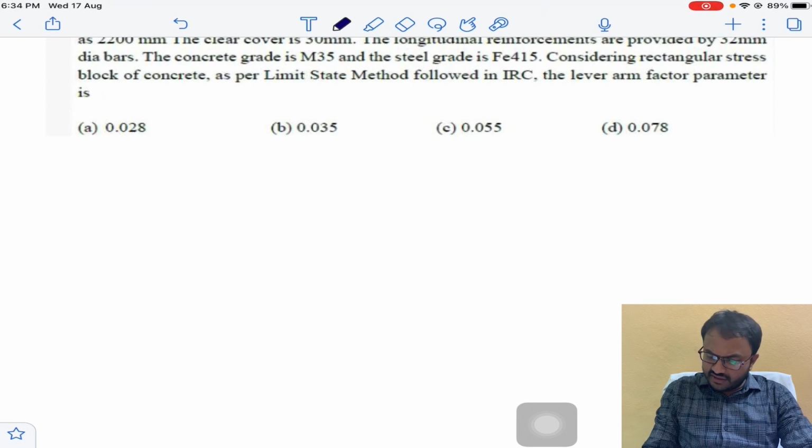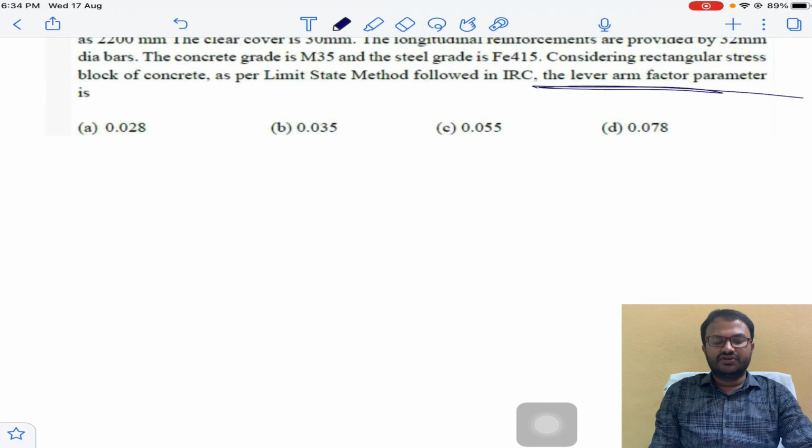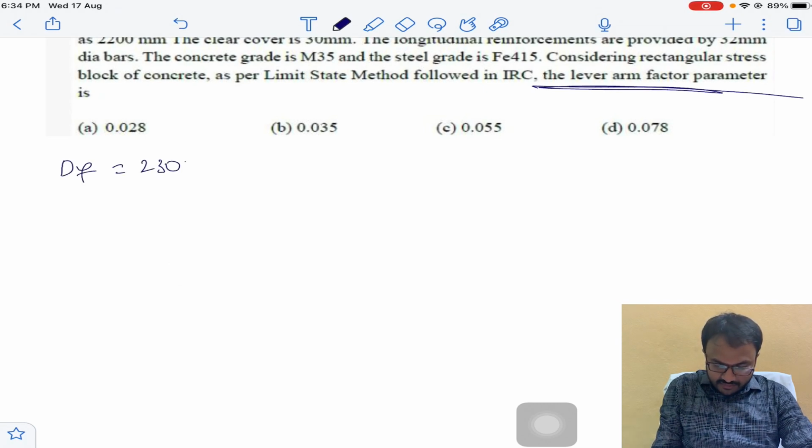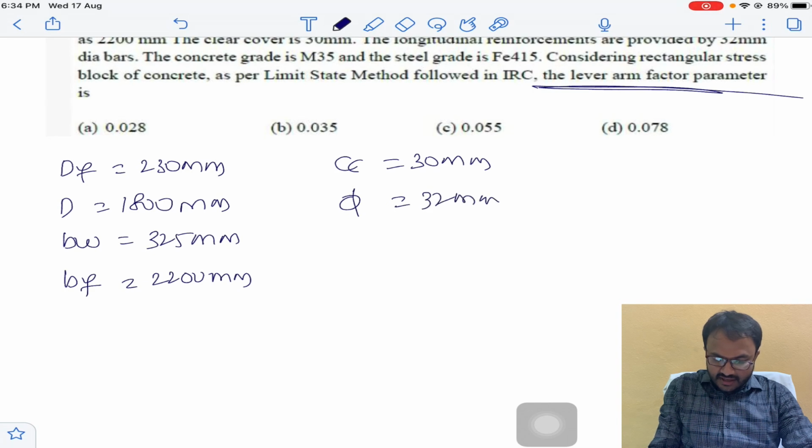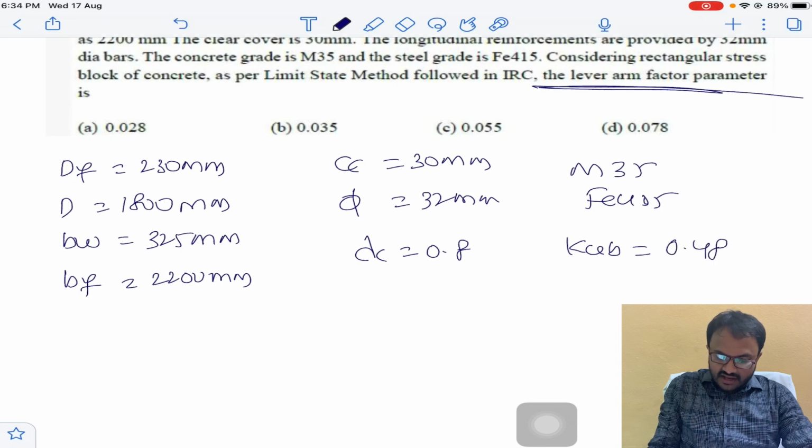So I'll write the same data. What he is asking is: what is the lever arm factor parameter? He has given DF is equal to 230 mm and D is equal to 1800 mm and BW is equal to 325 mm and BF is equal to 2200 mm and clear cover is equal to 30 mm and dia is equal to 32 mm and it is M35 and Fe415 and stress reduction factor lambda C is 0.8, neutral axis factor KUB is equal to 0.48.